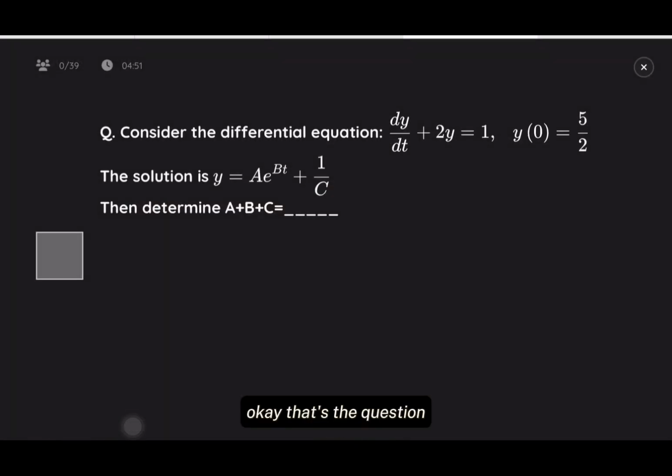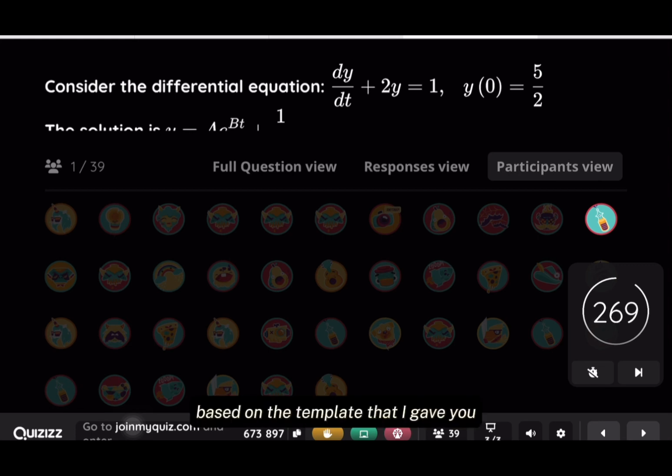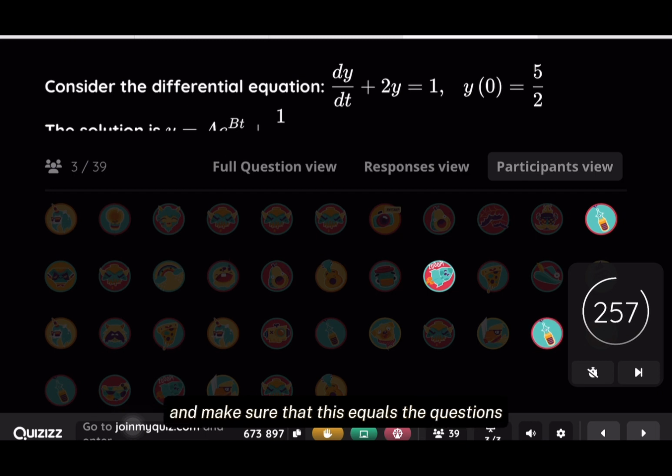Okay, that's the question. I already gave you the solution formula. You can determine based on the template that I gave you. Another way is just to check some random numbers and then differentiate and make sure that it's equal to the question.